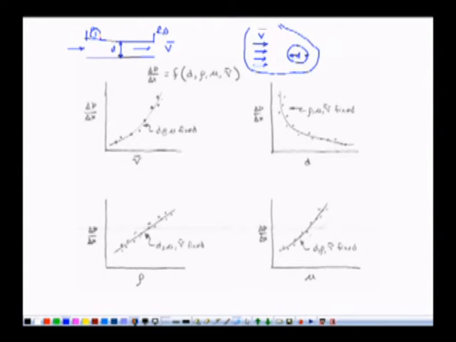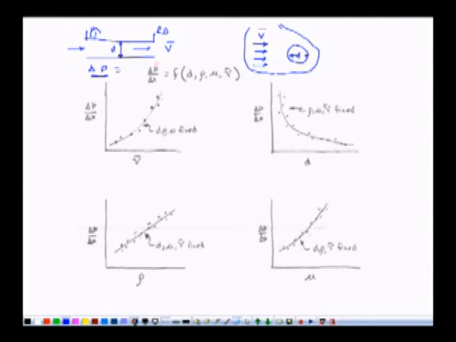Now, if we do not have the relationship available to find out the pressure loss, P1 minus P2 is equal to del P. If we want to know what is del P for a given situation, then we should have a relationship.